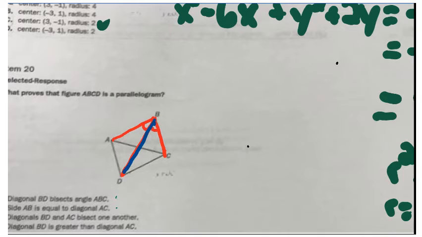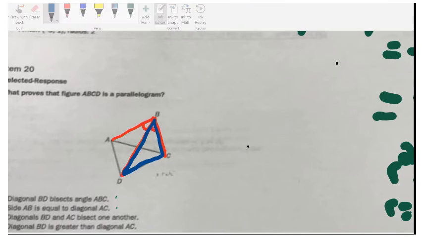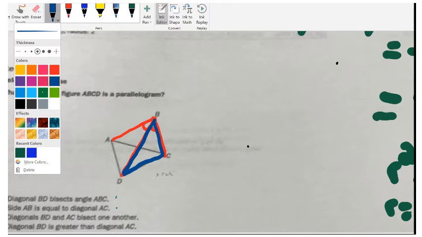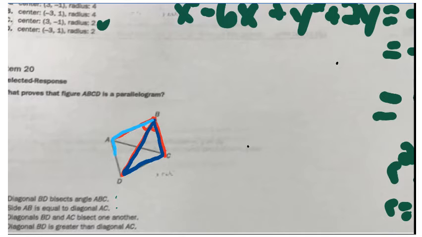Let's look at this guy, and we're going to look at the one on the opposite side. We're going to look at triangle ABD. So I'm going to use just different colors here. So we're going to look at this guy here.